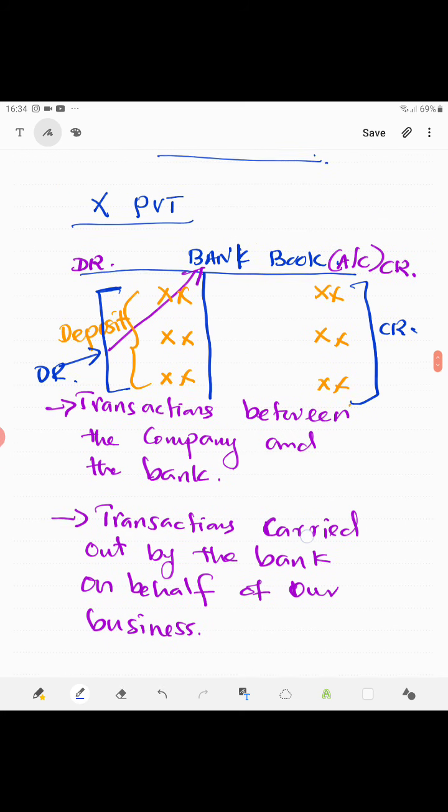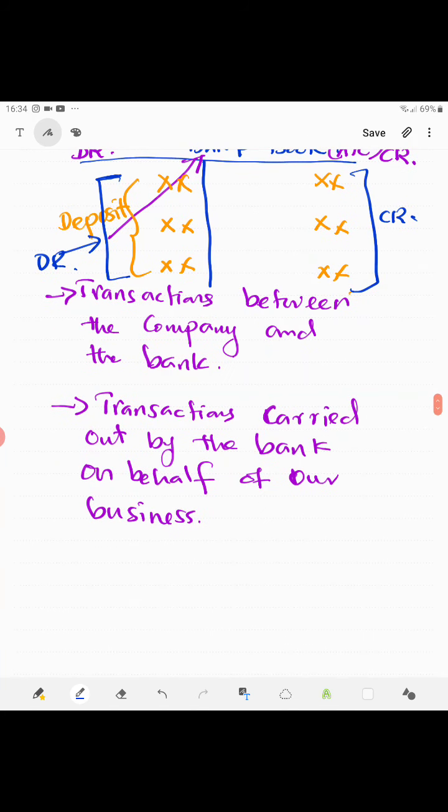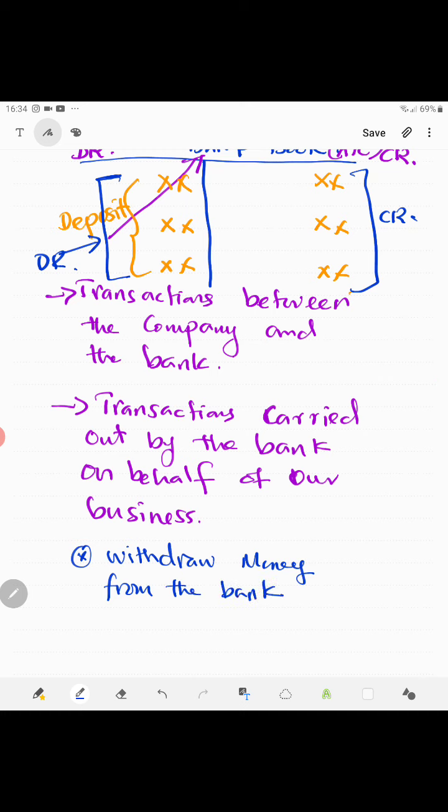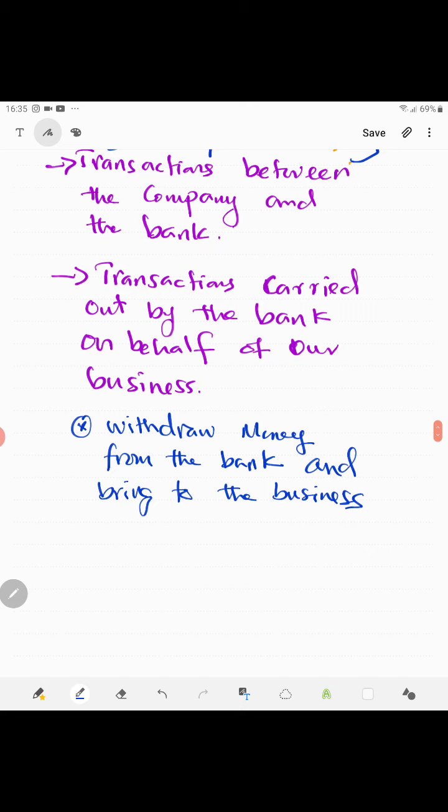One particular transaction you need to understand is that sometimes we will withdraw money or cash from the bank and bring it to the business. This is one example.